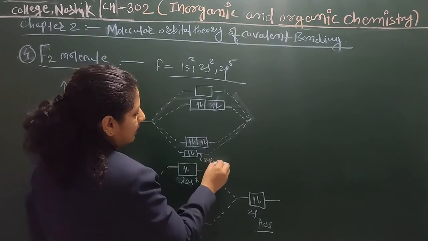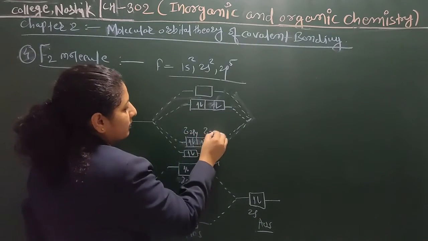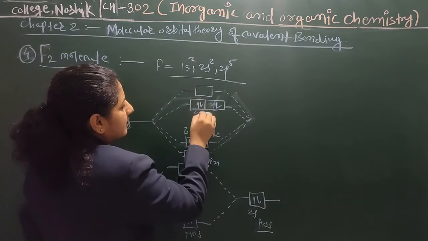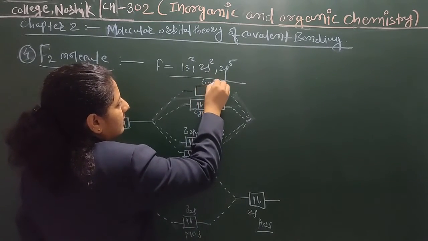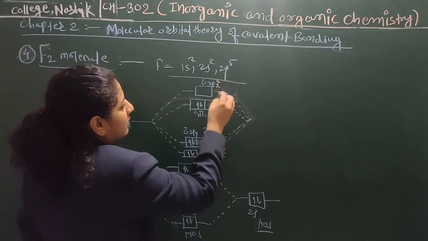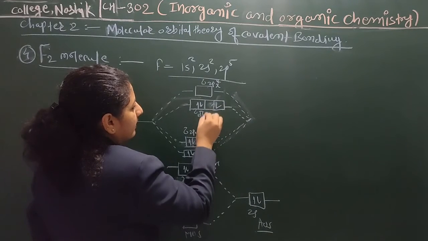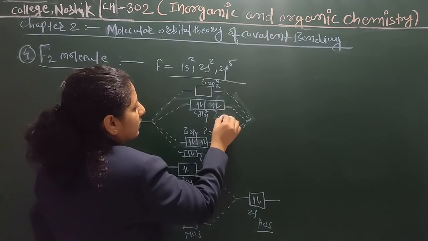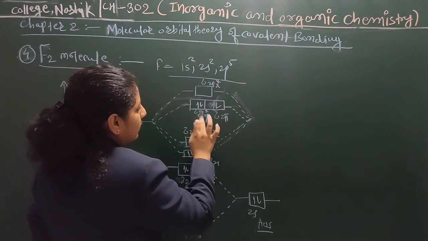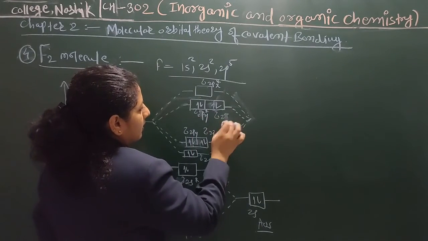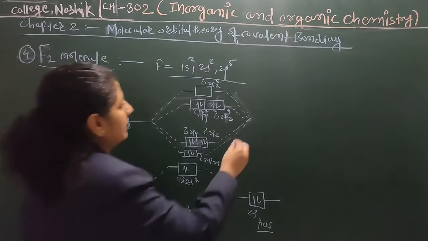Here we have sigma 2px, then sigma 2py, and again sigma 2pz. Here also there is the star sigma 2px, which is an antibonding molecular orbital and is empty, and sigma star 2py, which is an antibonding one.